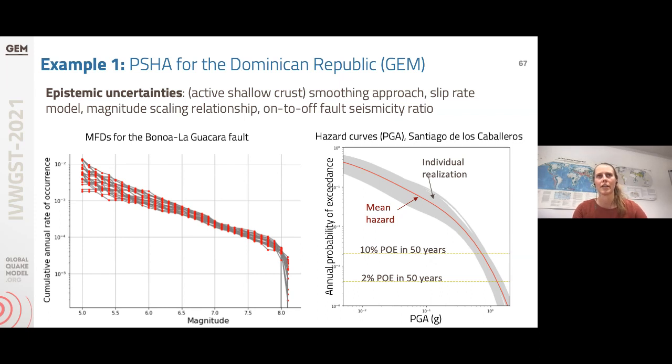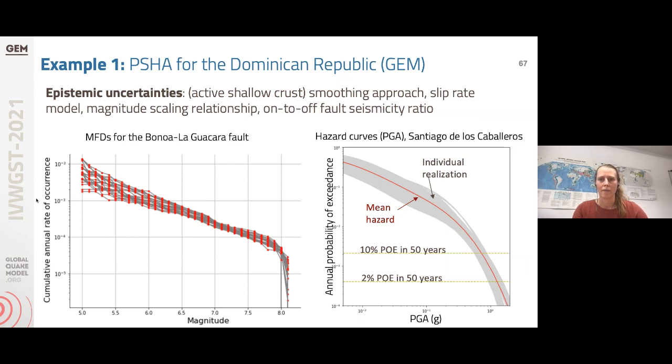And so on the left here, I'm showing how these epistemic uncertainties manifested into the magnitude frequency distributions for a single fault and its surrounding area that's close to the capital city of Santiago de los Caballeros.